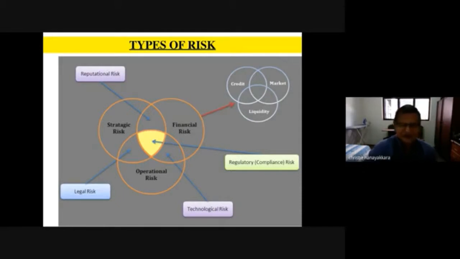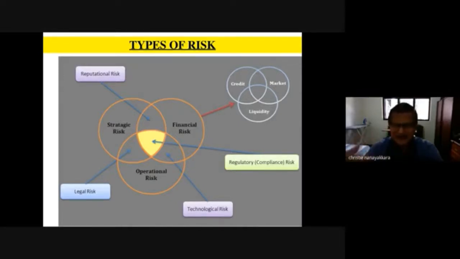However, we are also governed by, as I told you earlier, the regulator. The regulator is the central bank. The central bank doesn't allow us to undermine or undercut another financial institution by way of offering the lowest interest rate.